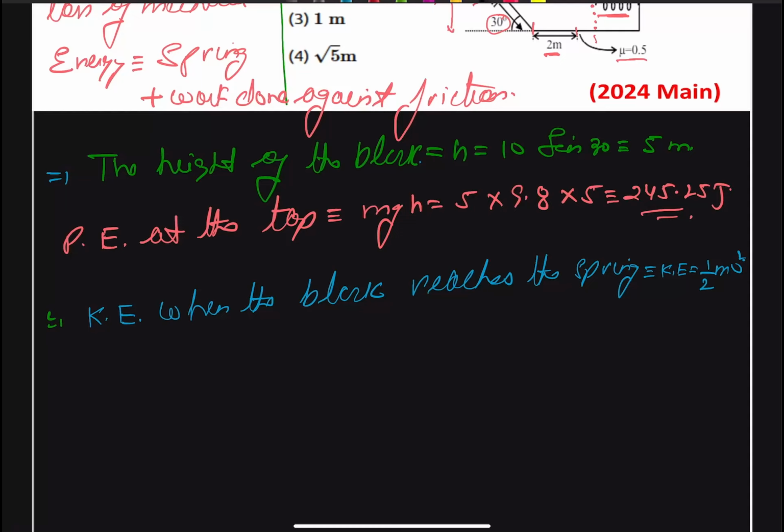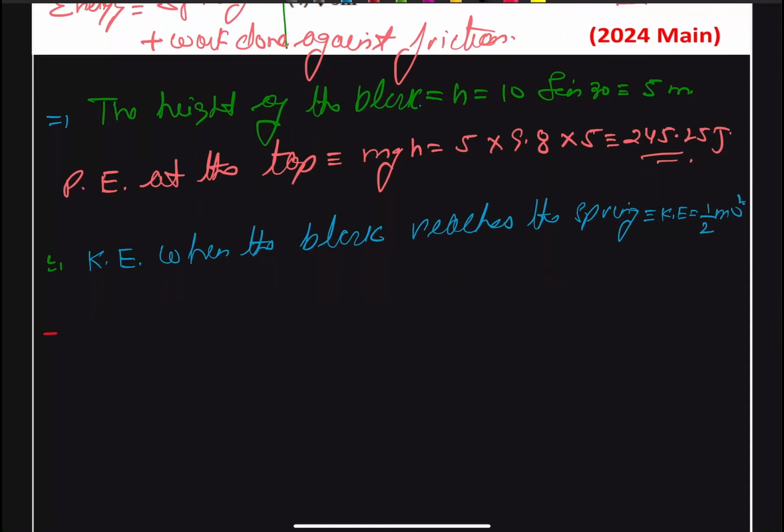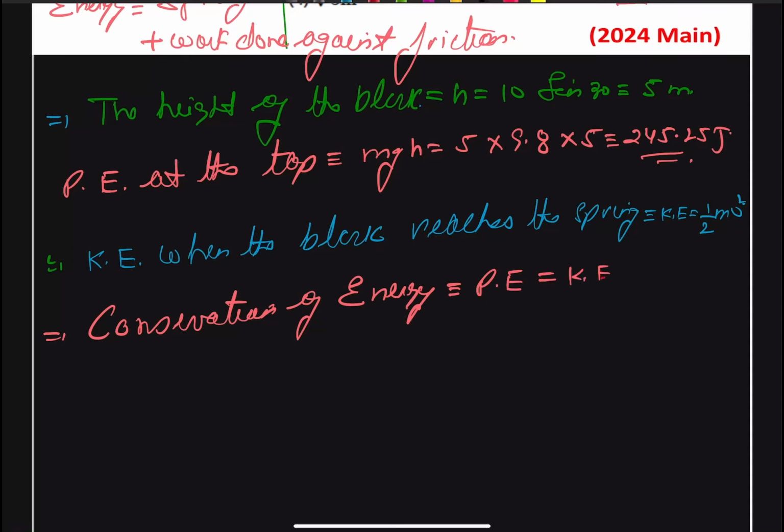And according to the conservation of energy, we can say that the potential energy at the top will be equal to kinetic energy just before it is going to compress the spring.